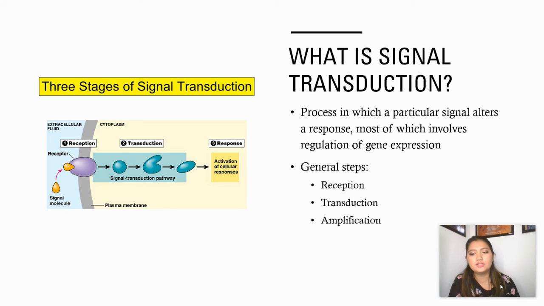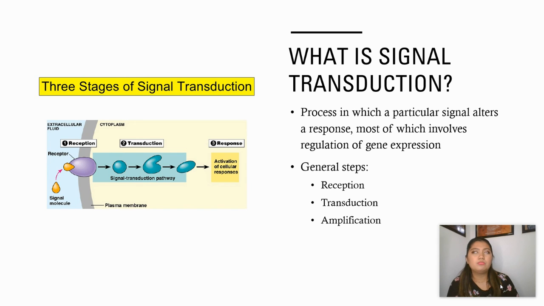So let me give you guys a specific example when it comes to the neuron itself. In this particular diagram, again, it's more of a simplistic diagram, but you'll have some kind of a signal molecule interacting with the receptor protein.